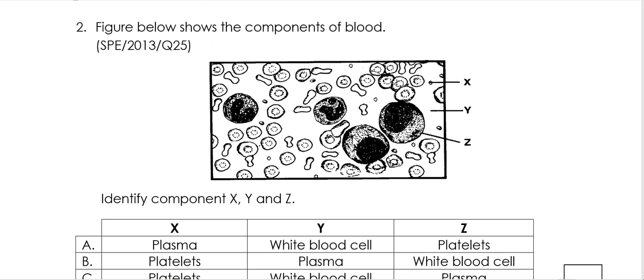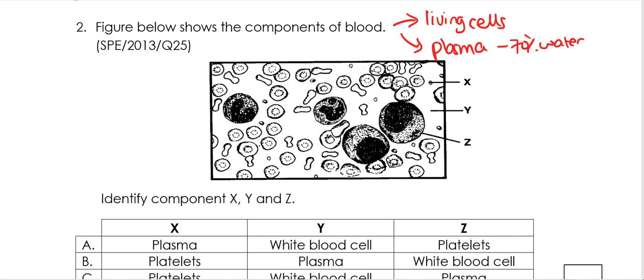Remember that blood is actually a tissue and it's made up of different types of cells, and also blood has two parts. So blood has a living cells part, and it also has the plasma part, which is the liquid part, and plasma is made up of 70% water and 30% dissolved substances.